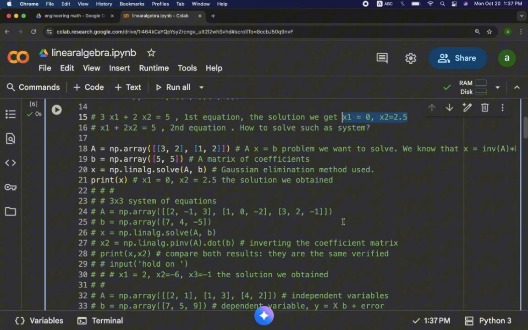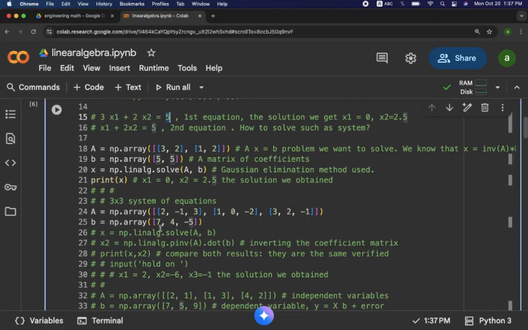Let's do a 3 by 3 system of equations, this time something a bit bigger. And suppose this is the matrix of coefficients. I have 3 equations, and these are the coefficients in front of x1, x2, and x3. And then you just simply need to write down the right-hand side of your problem. For example, here we had 5 and 5.